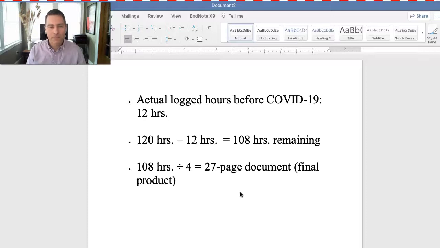My wild guess in this ratio could be totally off, so we'll talk about it if need be, but I have a feeling we'll be okay with the 4 hours for every one page of content.